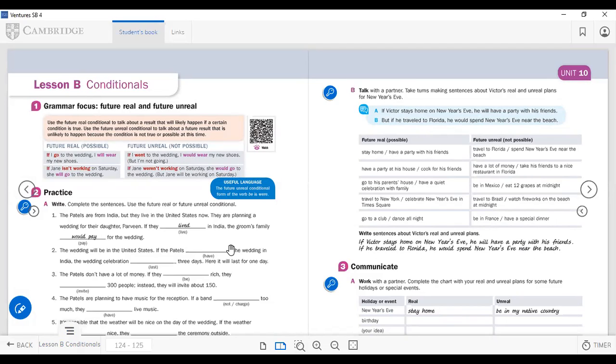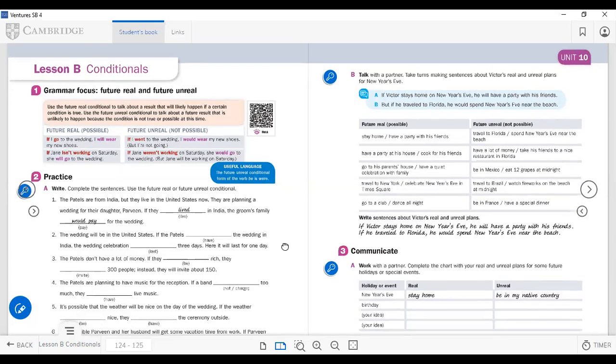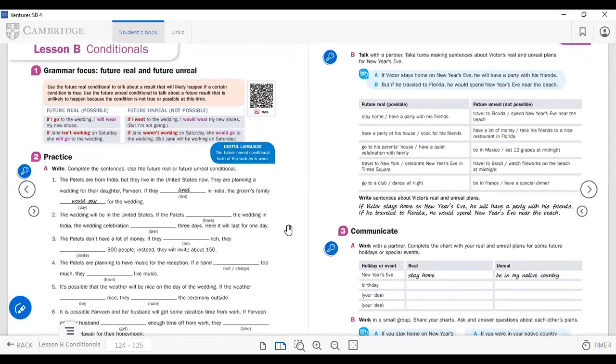So again, like I explained before, for Ventures 2, you work with your students on the lesson from Ventures, you present the materials, you offer students different opportunities to practice, not just writing, not just completing these sentences here. What is extremely important is to ask students to work together and talk to a partner or partners, because they need to improve their speaking skills as well. So always offer students the chances to practice with others.